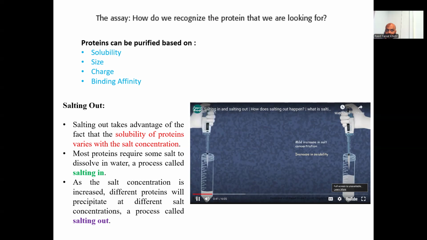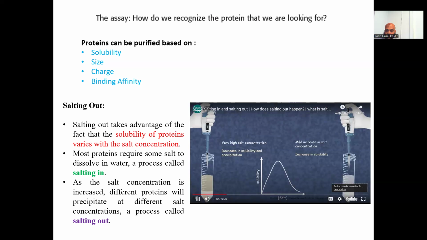In the second case, you have added a salt solution which has very high ionic strength. It's a very concentrated solution. In this case, the solubility is dramatically decreased and there is a visible pellet inside as well. If you plot a graph of solubility versus salt concentration, you initially see an increase in solubility with increase of salt concentration.